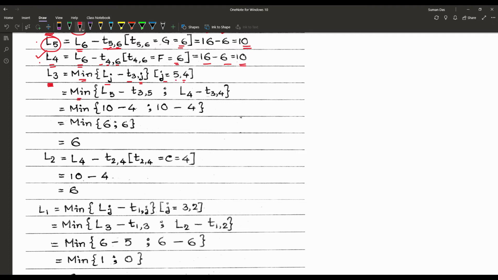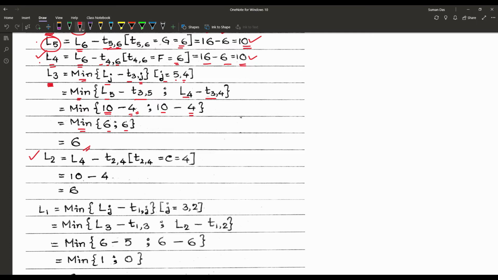Now the minimum of L5 minus T3,5 and L4 minus T3,4, and we know L5 is equal to 10. So we write 10 minus 4, according to the diagram, and L4 is also 10, so 10 minus 4 once again. So the minimum is 6 and 6, so that is obviously 6.